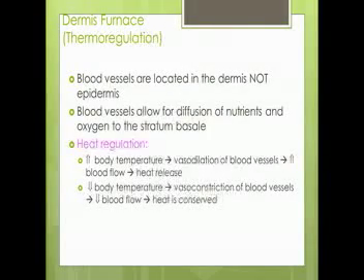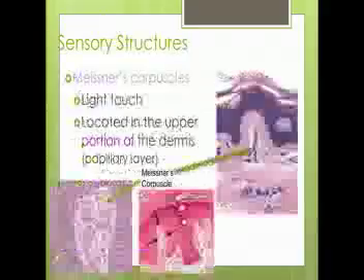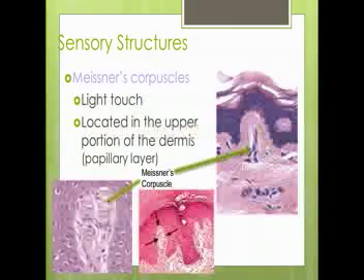What this is going to do is vasoconstrict the blood vessels found within the integument, meaning instead of going from large, they're going to shrink down in size. This is going to decrease the blood flow from those appendages, and it's going to actually reroute it to the central portion of the body, therefore heat is conserved, allowing the body to stay warm.